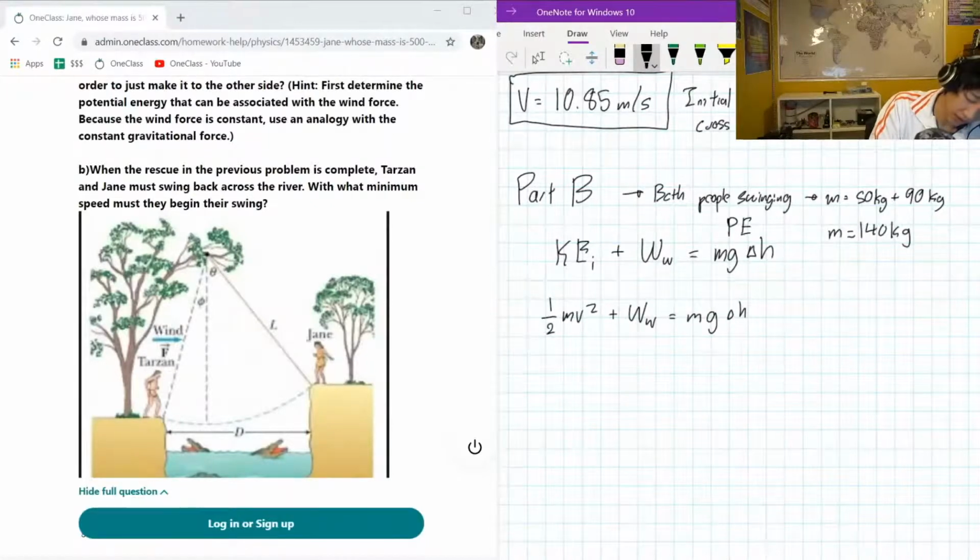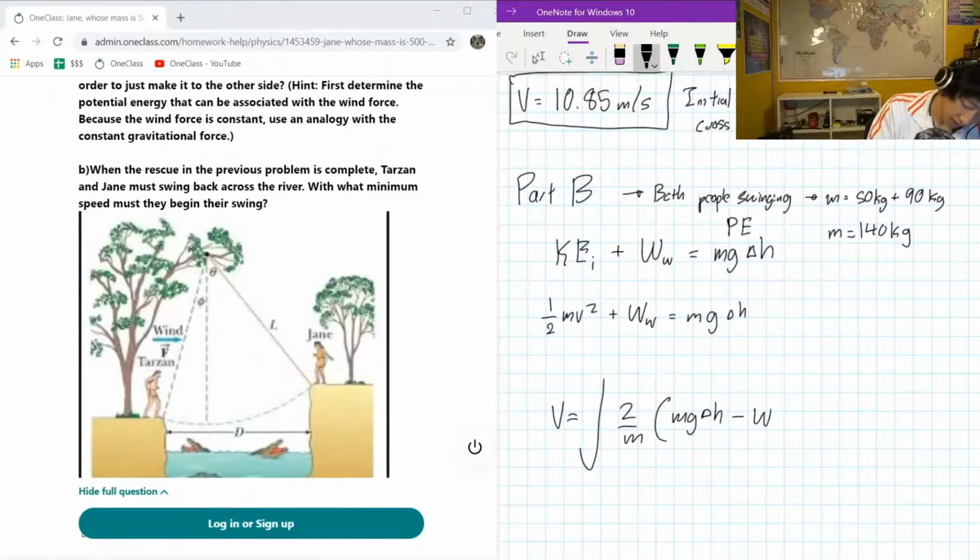Should have written potential energy. Whoops. Nothing to worry about. And we just got to isolate for v once again. So we shall have v is equal to, under the root, 2 over m multiplied by mg delta h minus the work done by wind, all under the root.